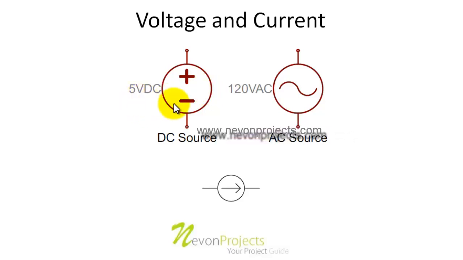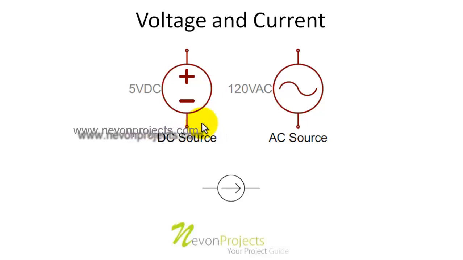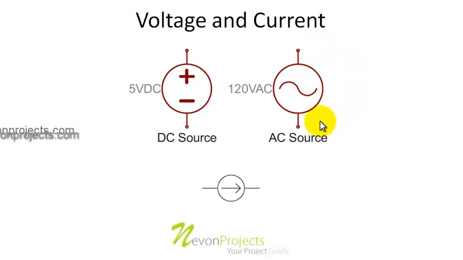Now suppose this is a 5 volt DC power supply, so between these terminals of plus and minus we will have 5 volt DC flowing if a load is connected. And this is the symbol of an AC signal. That is, if a load is connected between these two terminals of this device, 120 volt AC will flow through the device.